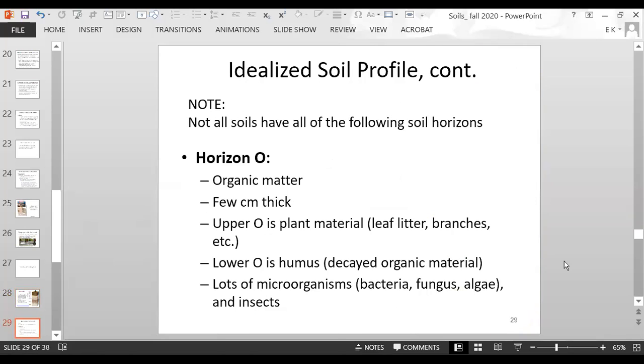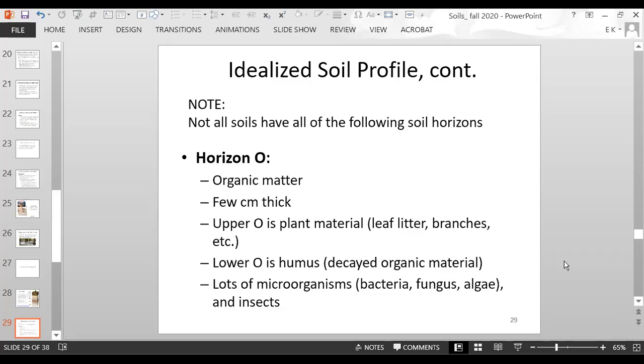Okay, and note, not all soils have all of the following soil horizons. These were also just discussed in that little video. So the summary is that horizon O is the organic matter. It could be a few centimeters thick, so it's not an extremely thick layer.